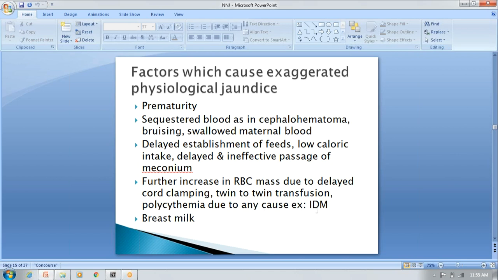That is, IDM is infant of diabetic mother. If the mother has diabetes, the baby is called the infant of a diabetic mother. Breast milk jaundice is also there.